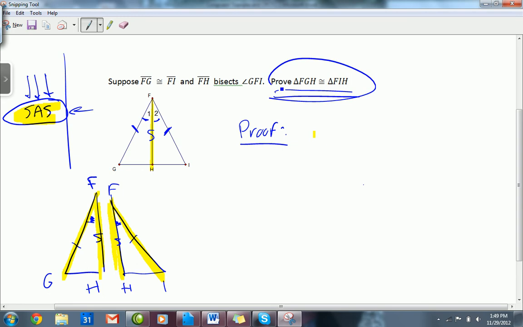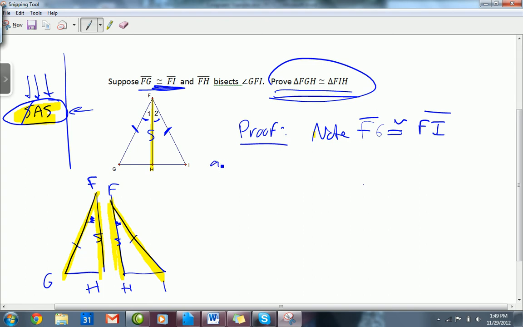Okay? So I'm going to first start with the first pair of congruent sides. And that's from the given, right? So I'm just going to say note FG is congruent to FI. And that's just given, right? So I don't really have to justify that. And that's one pair of congruent sides.